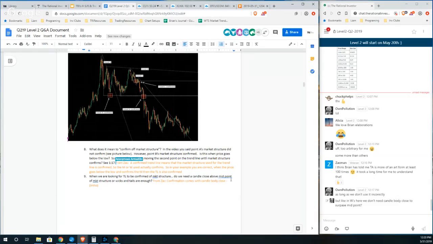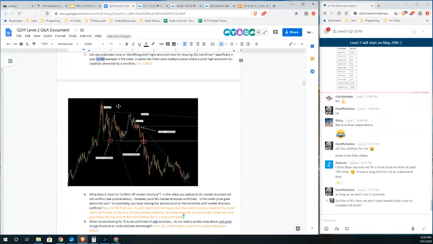In the video, you said point A's market structure did not confirm. See picture below. However, point B's market structure confirmed. So that's probably this stuff. As I sort of said, yeah, technically down the road, because this low is so extreme, we did confirm it here, but this is pretty sloppy.